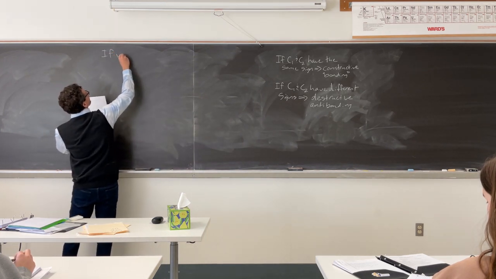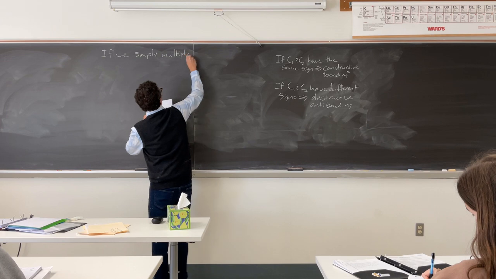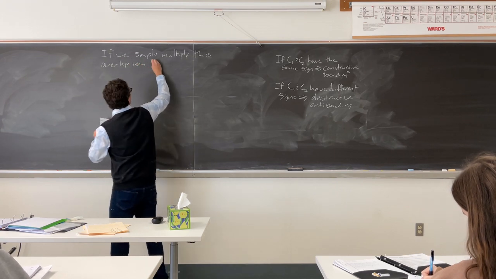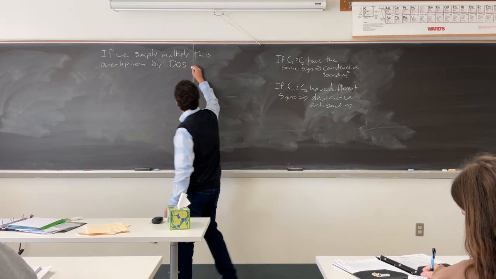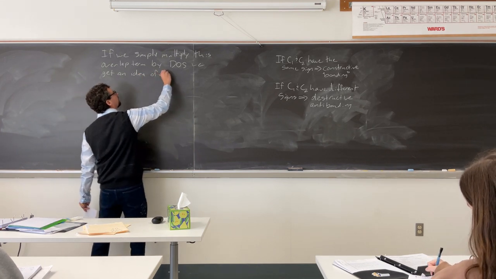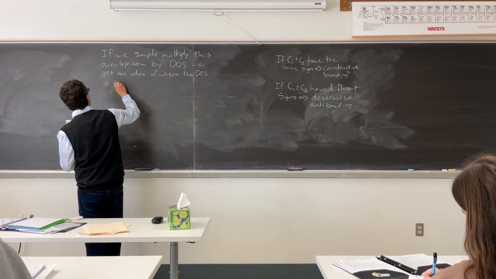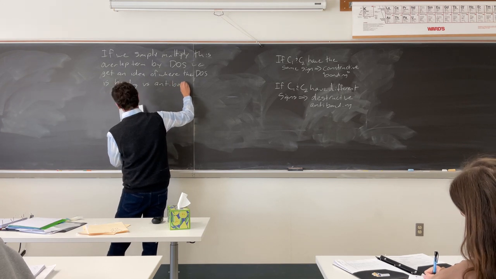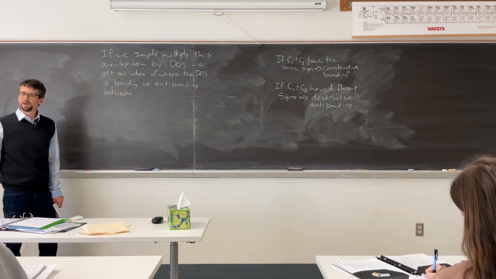So if we simply multiply this overlap term by the DOS, we get an idea of where the DOS is bonding and anti-bonding between atom pairs, so we have to select pairs of atoms.